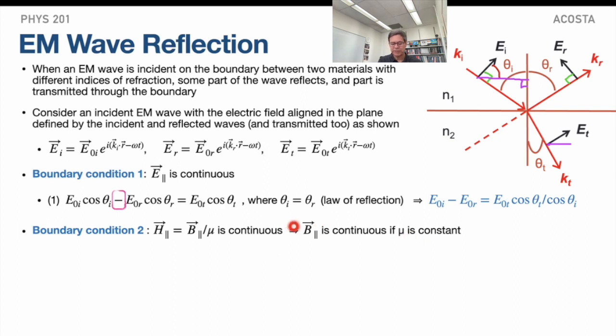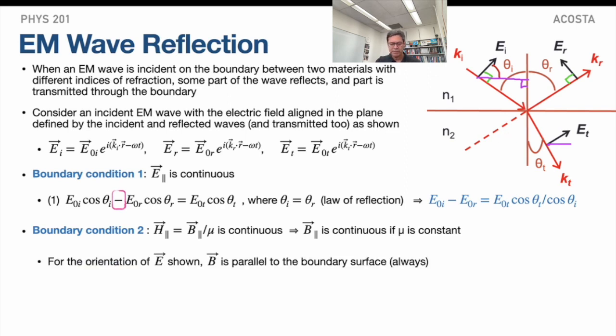That would just mean that the parallel component of the magnetic field is also continuous across this boundary. Now, I didn't draw the magnetic field here yet, so let's go ahead and do that.